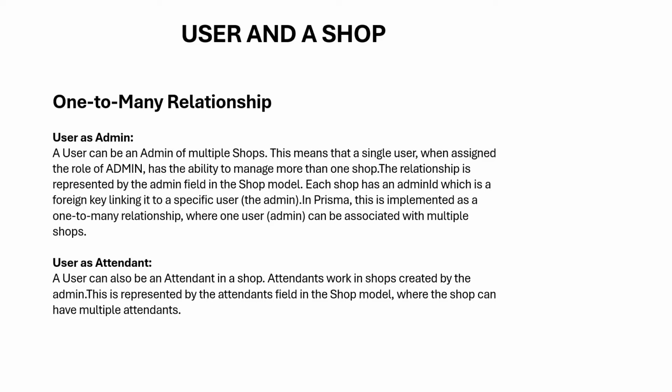So this means that a single user, when assigned the role of an admin, has the ability to manage more than one shop. This relationship is represented by the admin field in the shop model. Each shop has an admin ID, which is a foreign key linking to a specific user, the admin. We're going to get to the user model in just a bit.